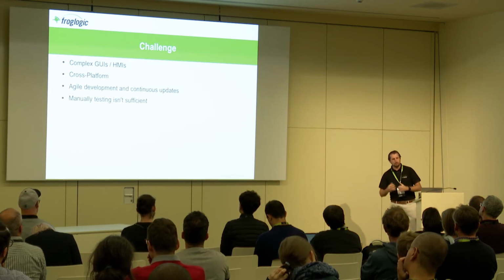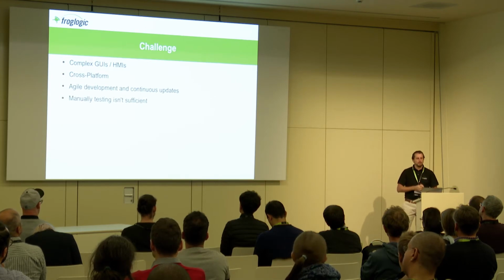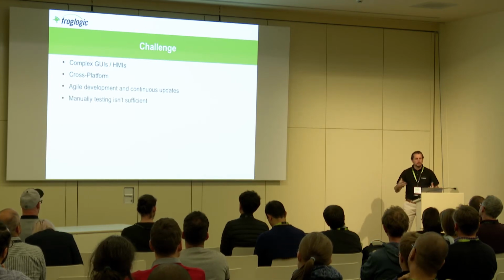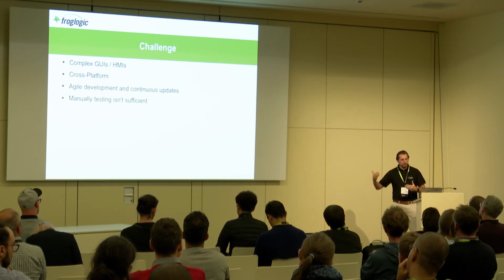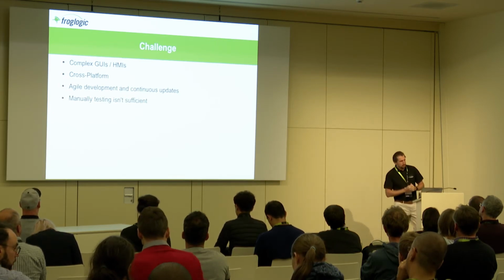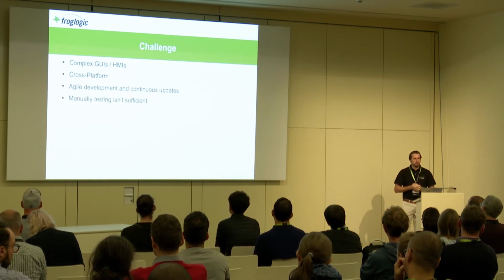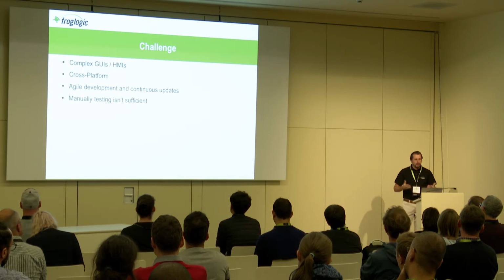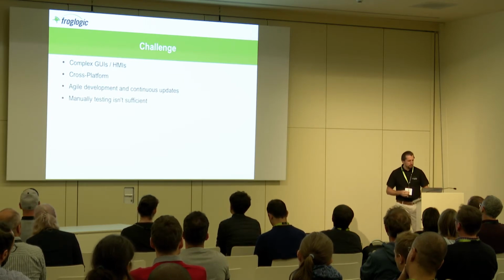So the old method of first developing, then testing everything, then releasing doesn't really work anymore. It kind of has to happen all together, and we need certainty about the quality of the code much sooner in the development cycle before releasing it. And for that, manual testing is absolutely not sufficient anymore.